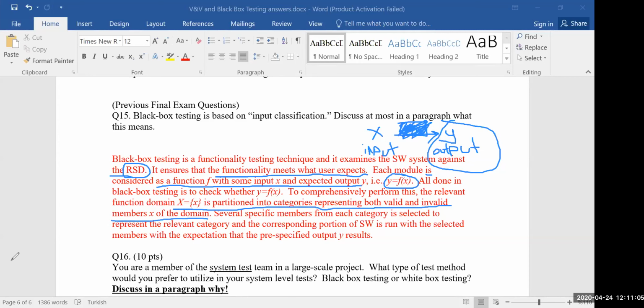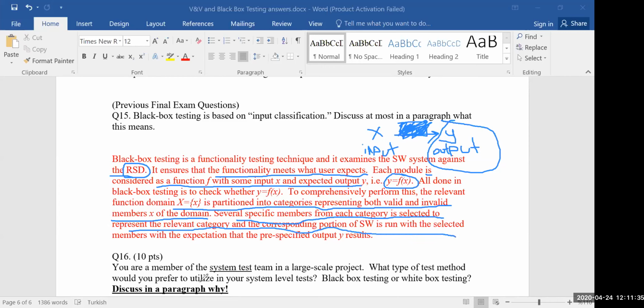Actually, we have an infinite number of x values, and we partition these values into some categories. Several specific members from each category are selected to represent the category and perform the corresponding testing.